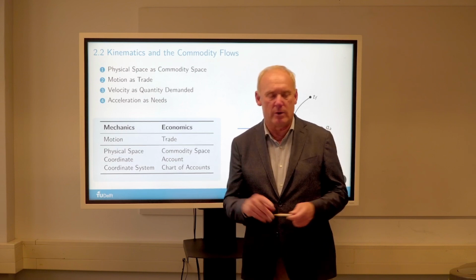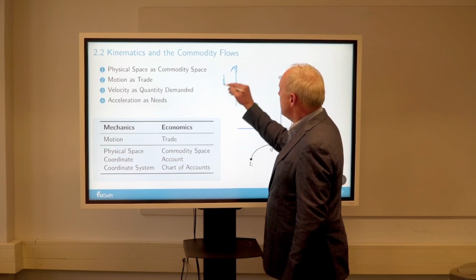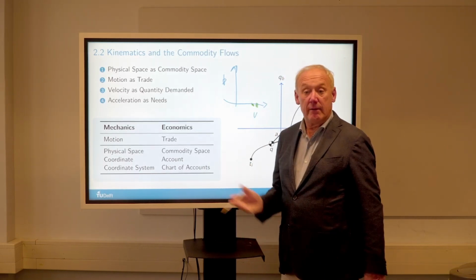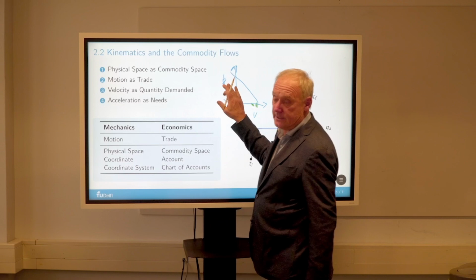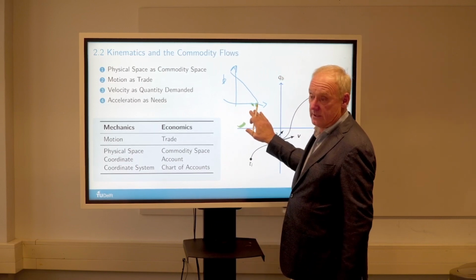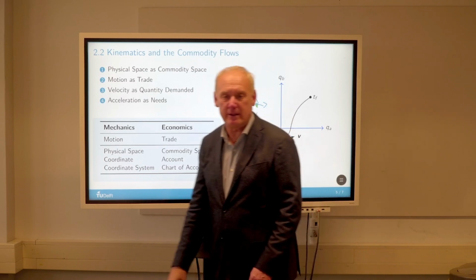You just know it. They'll draw price here, quantity demanded there, and this is what Marshall draws. As soon as you know what price is, you are made to understand what this graph is.